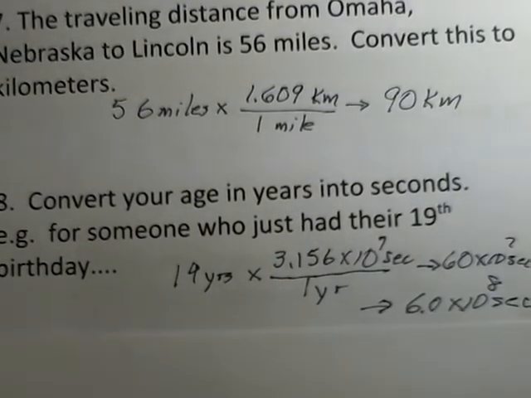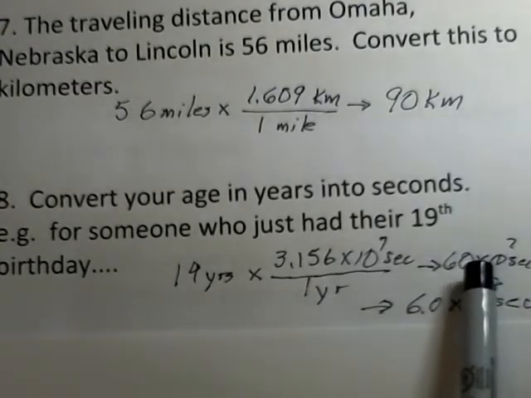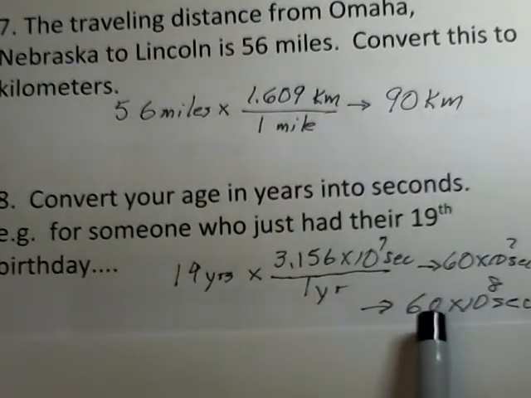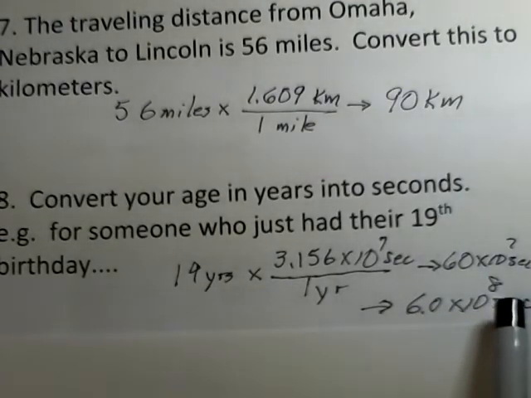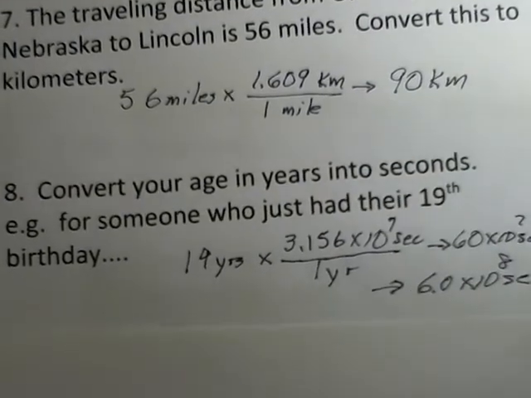And then if I want to do in more standard scientific notation, I'll move the decimal place 1 to the left instead of 60.0, 6.0. And since I move the decimal place to the left, I have to make the power of 10 1 greater. So 6 times 10 to the 8th seconds would be this person's age. Or in terms of millions, a million is 10 to the 6th. So it'd be 600 million seconds for someone who's lived 19 years.